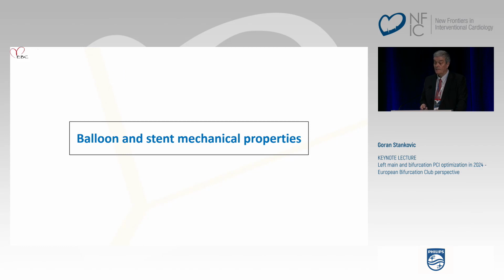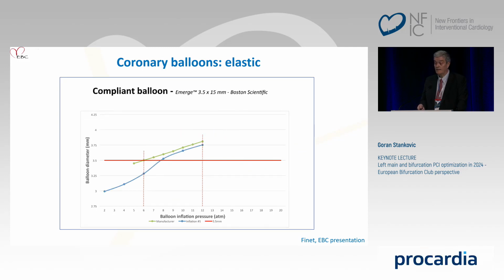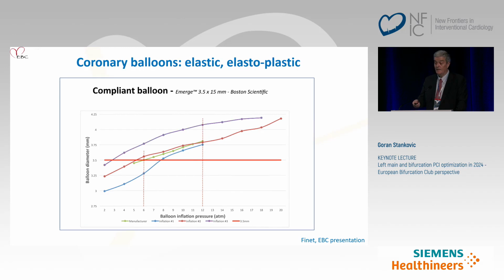Last important aspect is mechanical properties of the stent and balloon. So balloons are elastic but also plastic, and these are the curves when you inflate between nominal and rated burst pressure. The first time, you don't even reach the diameter that is recommended. But with second inflation, balloon diameter becomes bigger. With third inflation, it becomes much, much bigger.